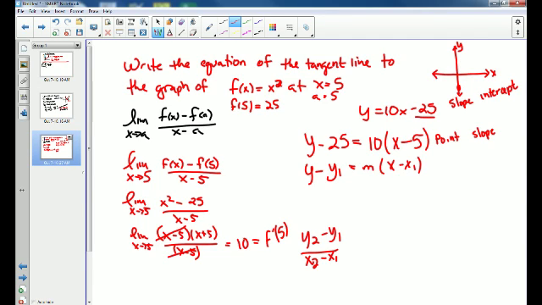And then 10 is the slope. It's valid. Well, if you're asking the equation of the tangent.